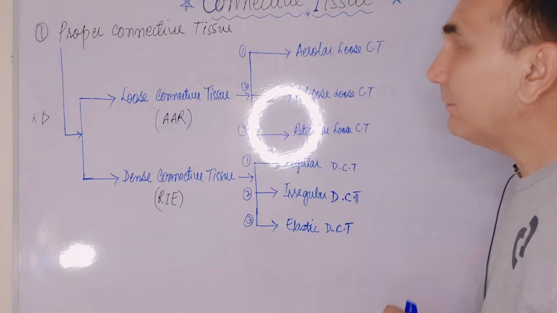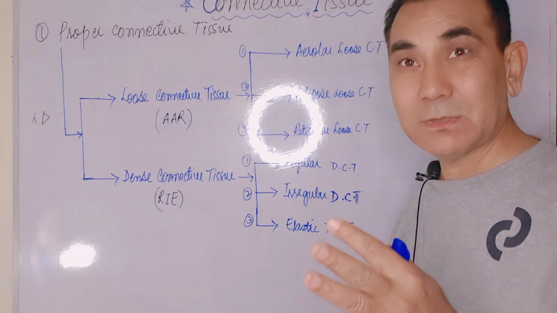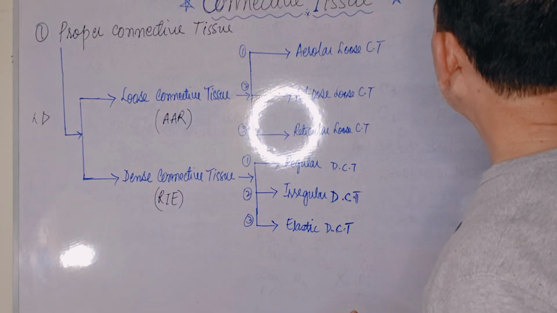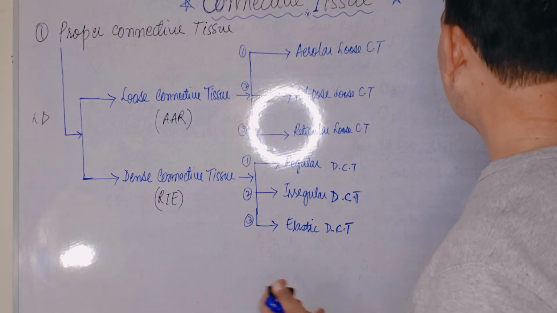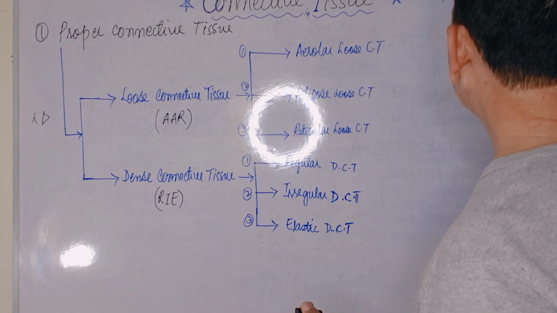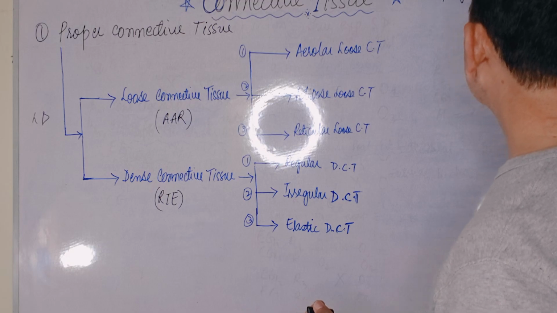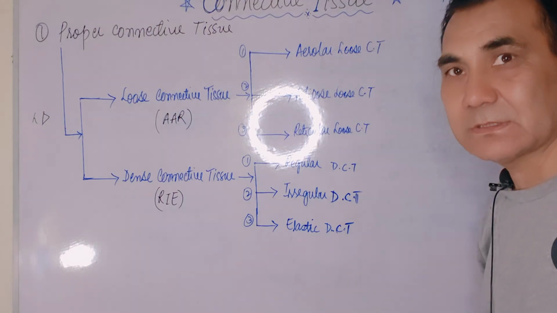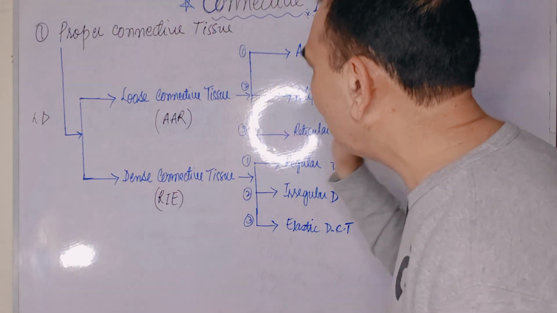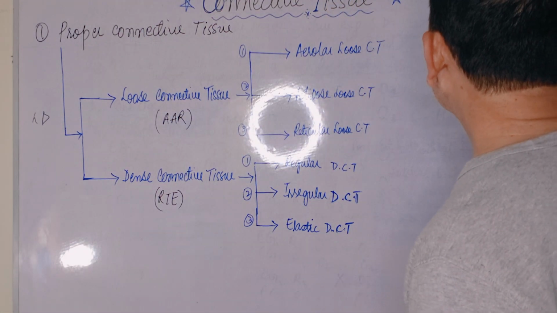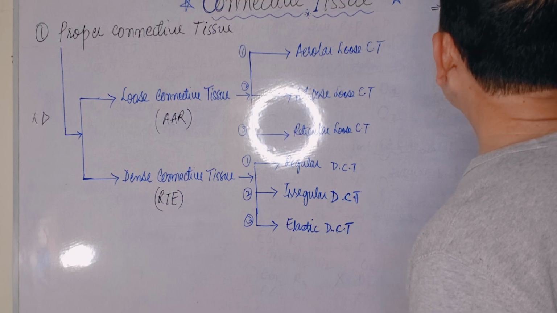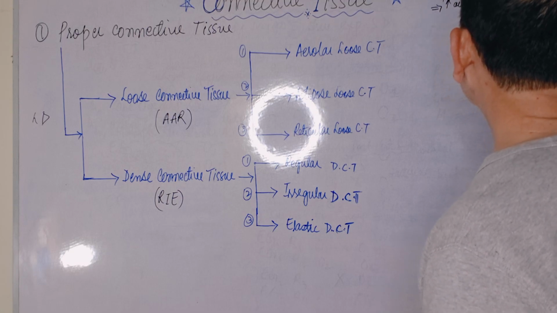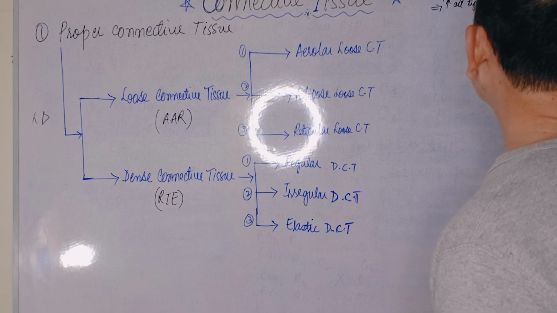Now, the loose connective tissues have some characteristics and properties. The first one: it is made up of more liquid matrix. The second one: all types of fibers are present.